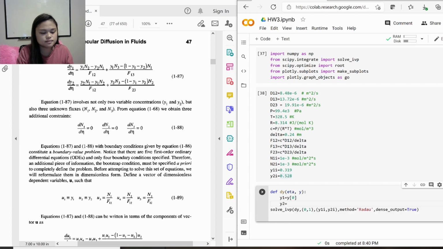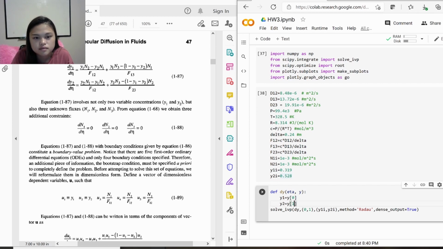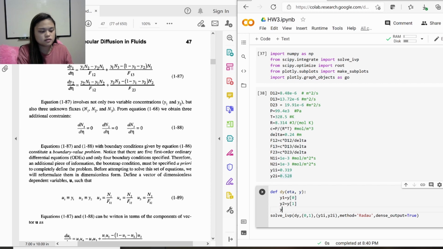Same thing for the methanol, except starting at 1. And then the mole fraction for air is just going to be 1 minus y2 minus y1, because all the mole fractions need to add up to 1.